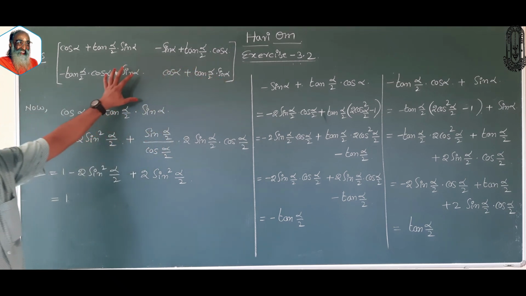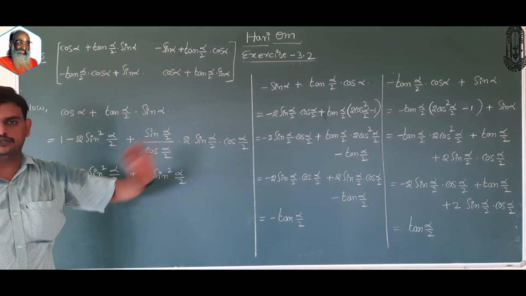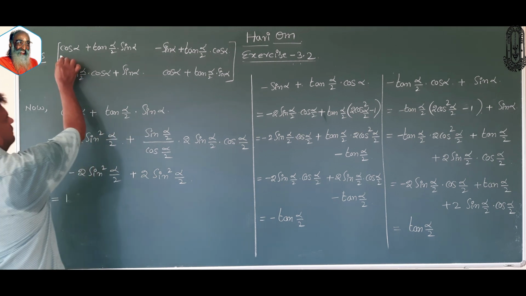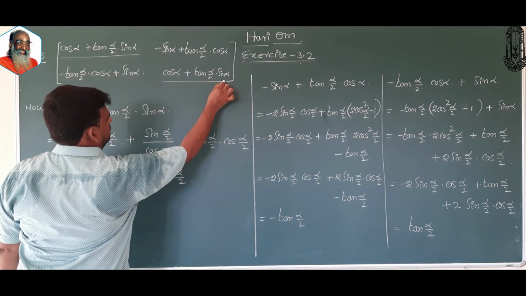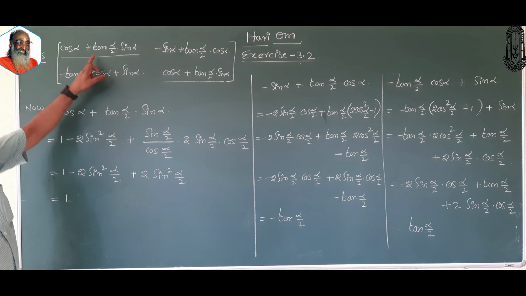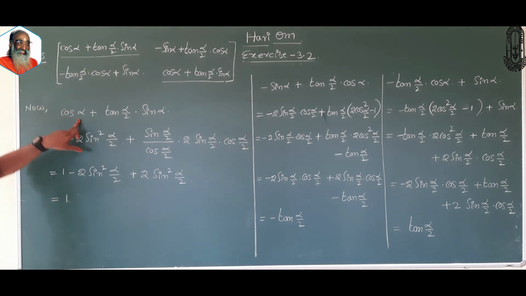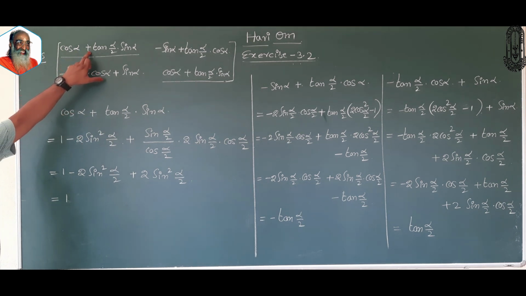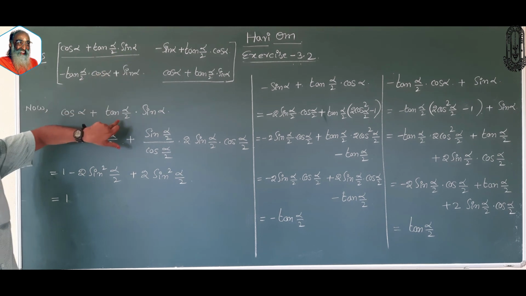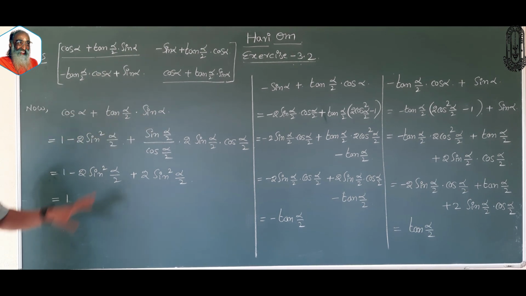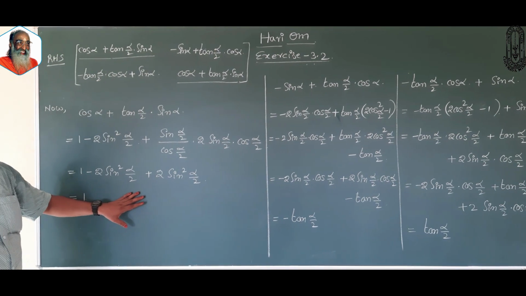Now these values we are simplifying individually. So this part and this part are both equal, so I am finding the first value. The first value is cos alpha plus tan alpha by 2 into sin alpha. Now by simplifying this I should get the value 1.